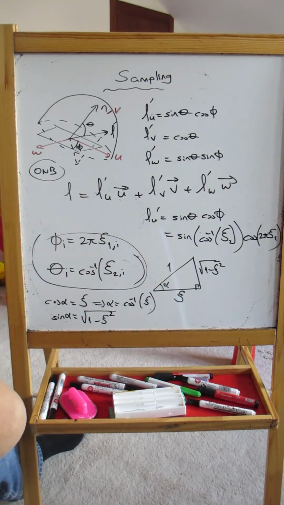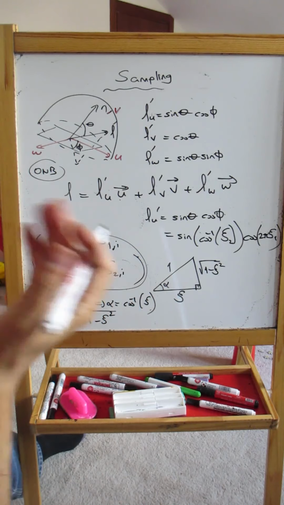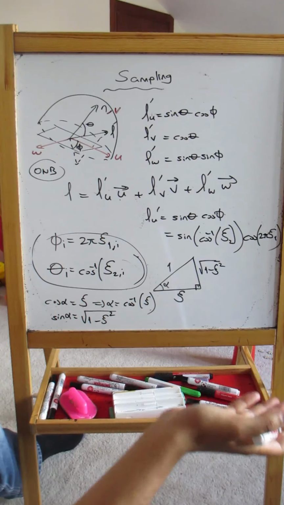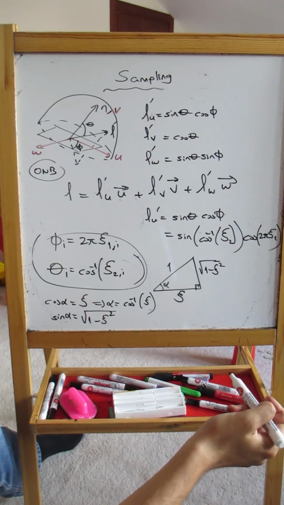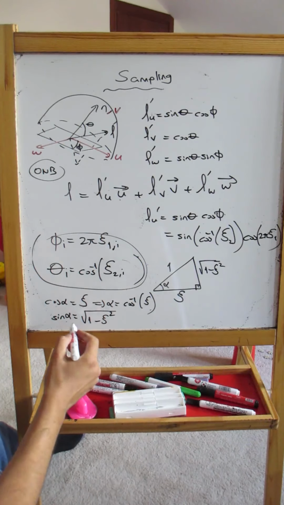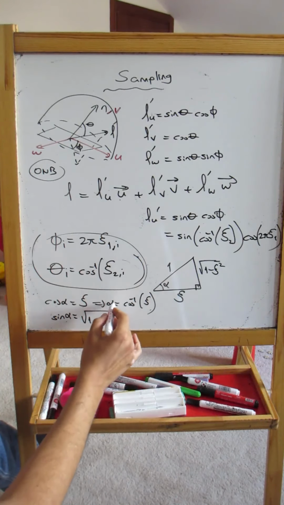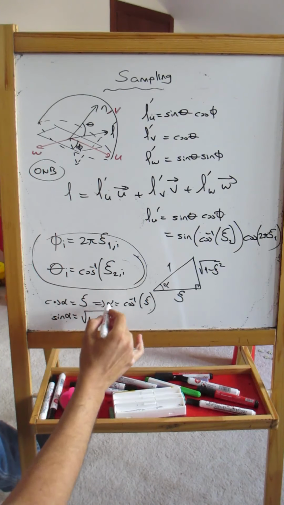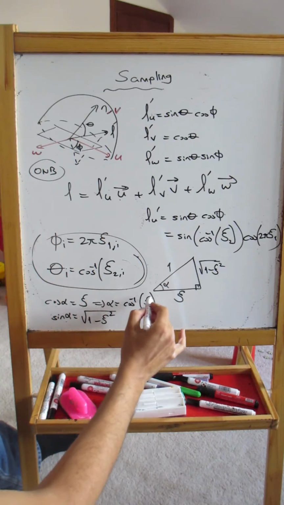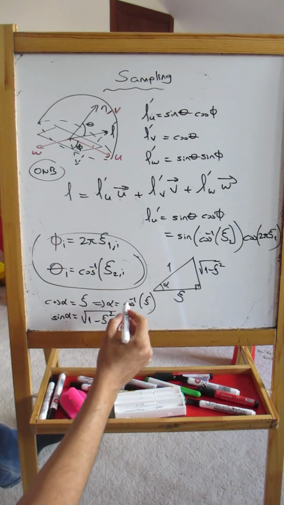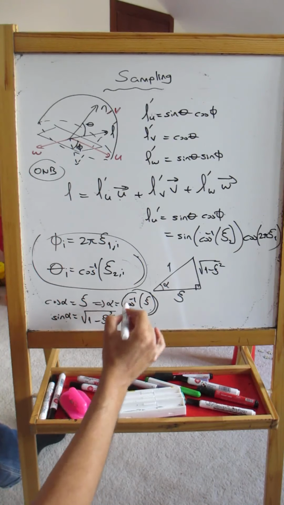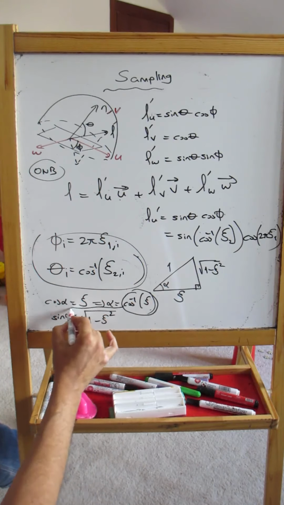So from here you can see that if you want to compute the sine of cos^-1, here alpha is equal to cos^-1 psi, right? So you can take this and put this in here.